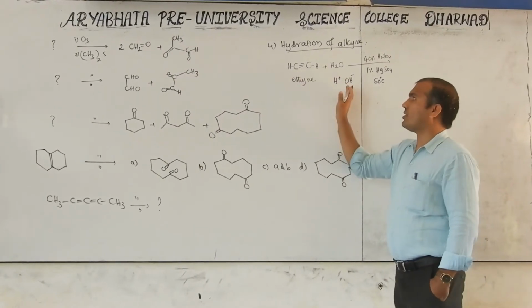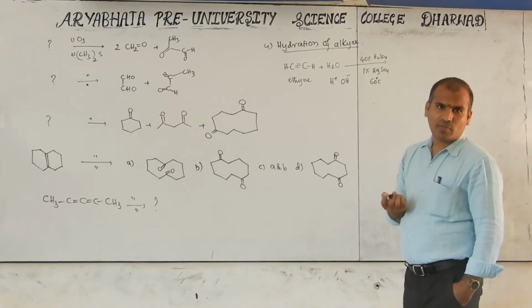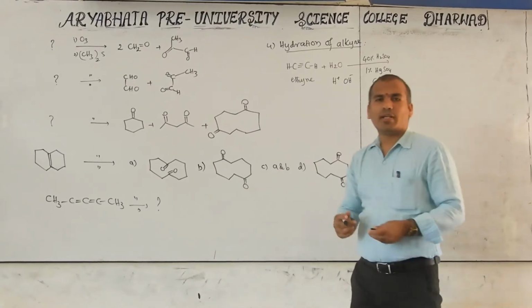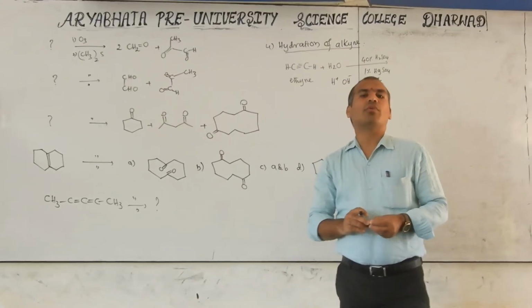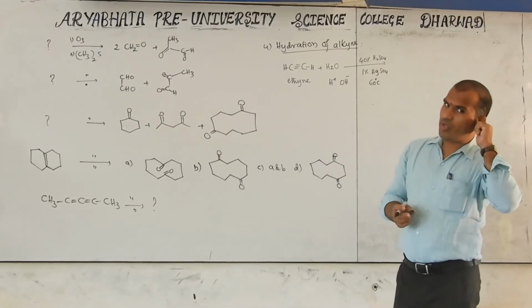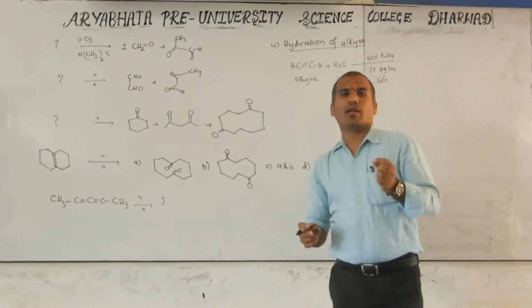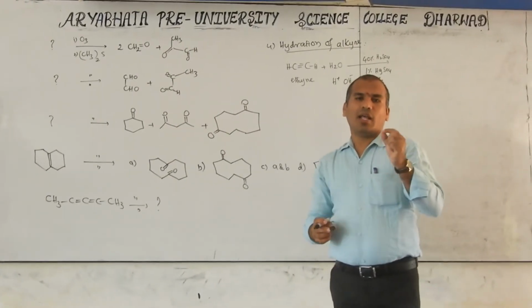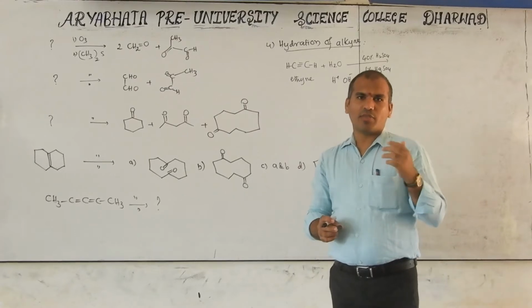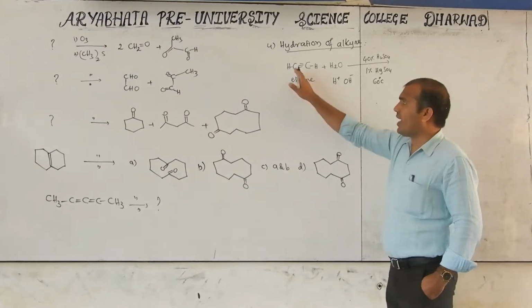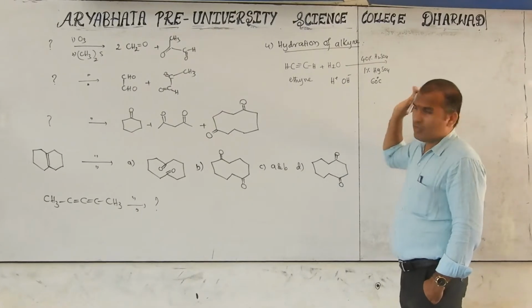One side H plus, another side OH. Because it is symmetrical, either side is no problem. When it is unsymmetrical, we have to follow the Markovnikov rule. You know very well, the Markovnikov rule: the negative part is bonded to the carbon having fewer hydrogens, which is multiple bonded.